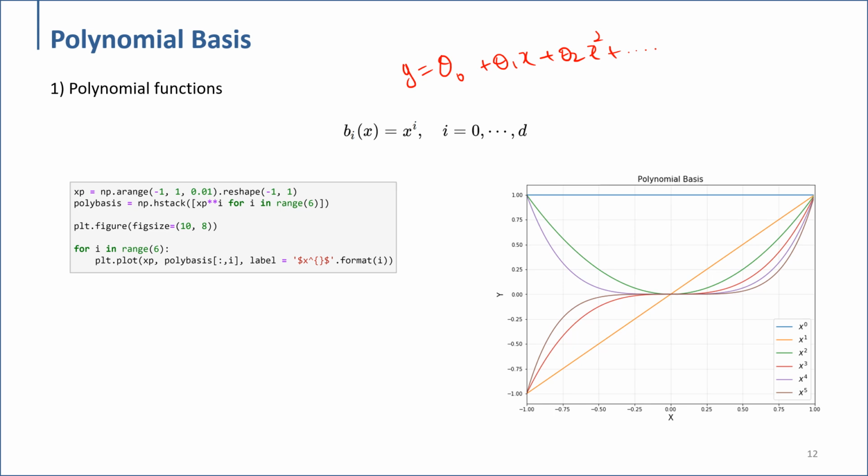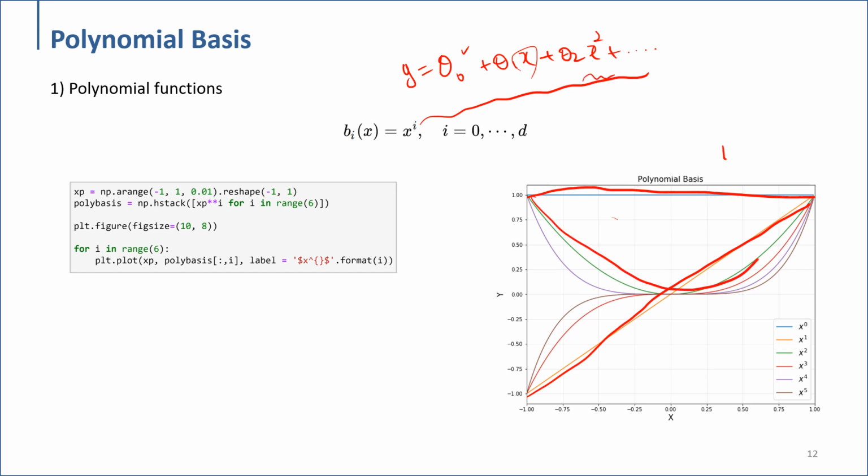When you plot the basis functions for this polynomial, as you can see here, the first basis is just 1, the second one is y equals x, and the third term is y equals x squared, and so on. These are the polynomial bases.